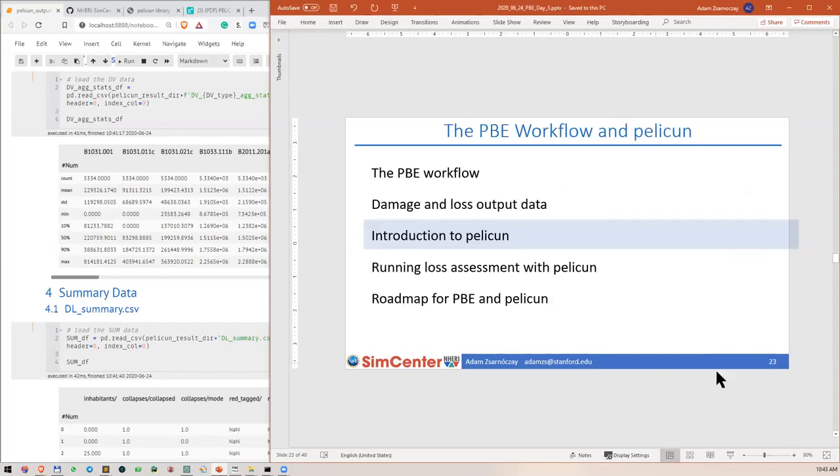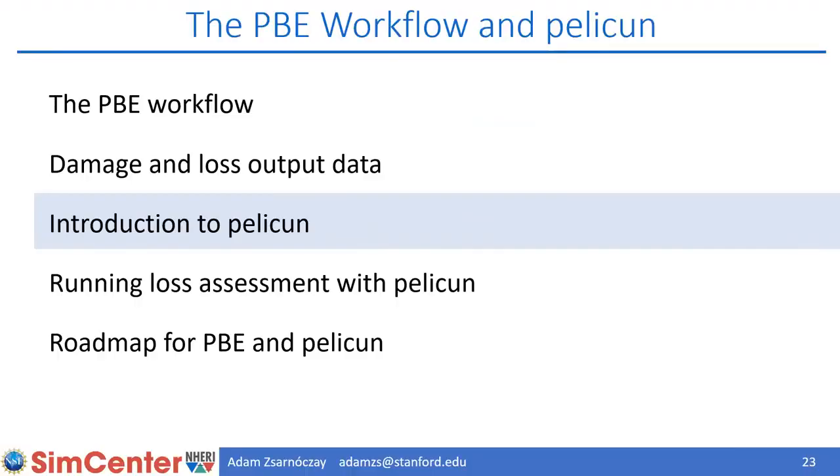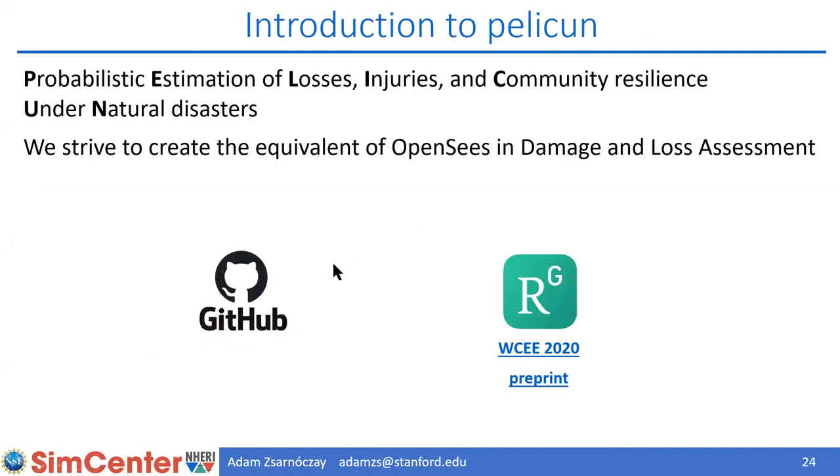And now I will jump to another part of the presentation and talk a little bit about Pelican and what it is and what we would like it to become. I would like you, if you are interested, to take a look at the GitHub page of Pelican, where you can look at the source code. You can even check out the source code and change it, edit it, and use it as you please.